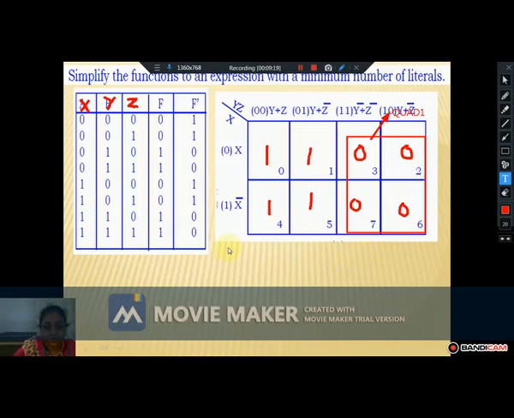So quad 1 includes M2 ANDed with M3 ANDed with M6 ANDed with M7.